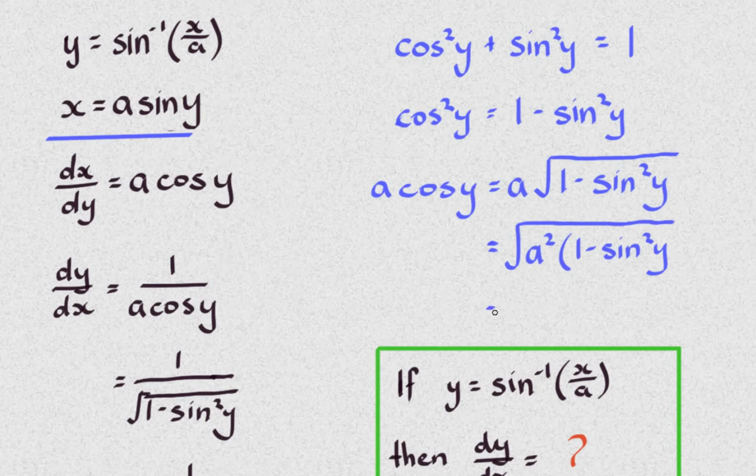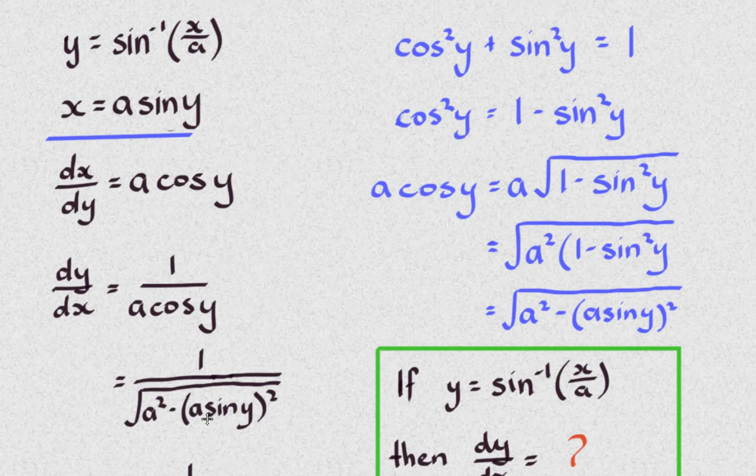And if we expand so that we have a squared times 1 is a squared, and then a squared times sine squared y, well, that is simply a sine y all squared. So that means back over here we can now adjust this to look like this.